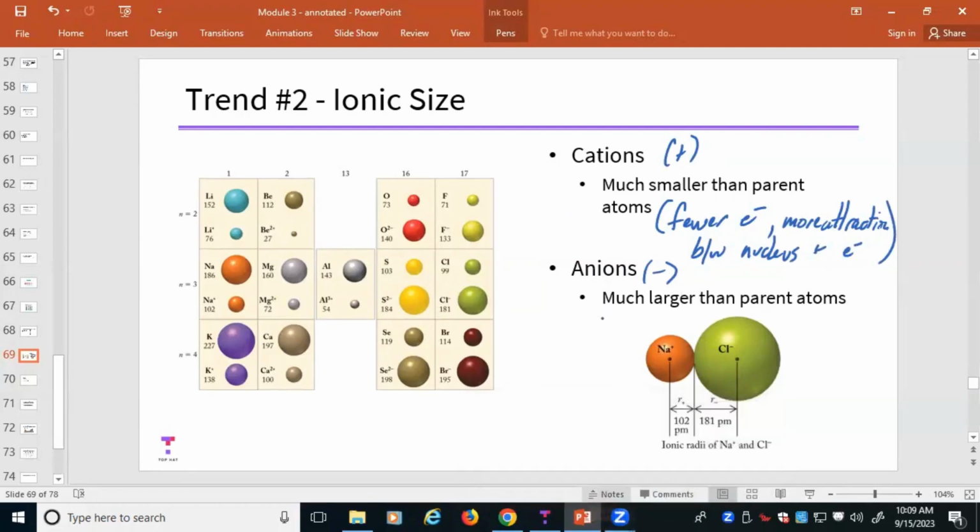And why are the anions bigger? Well, for much the same reason.